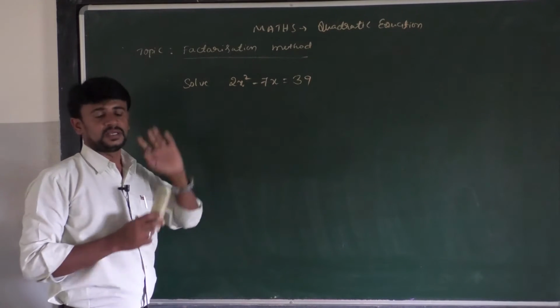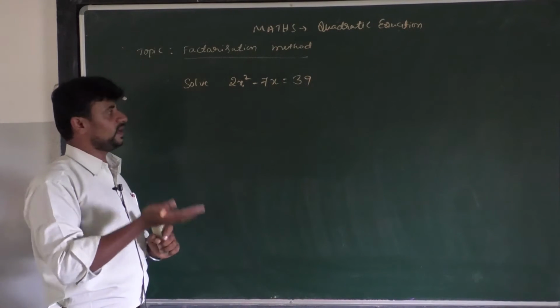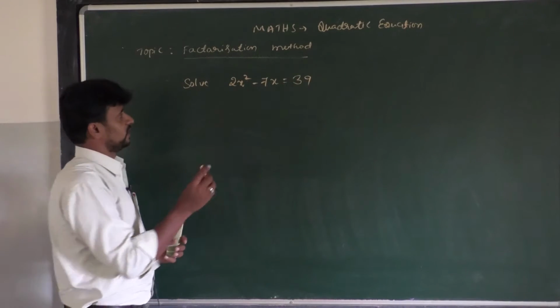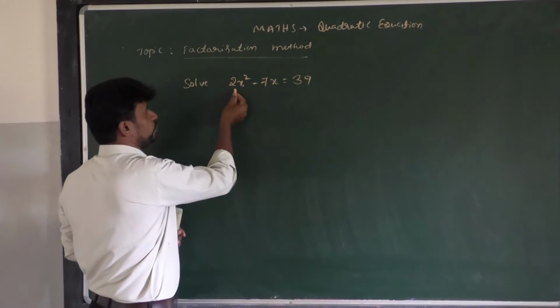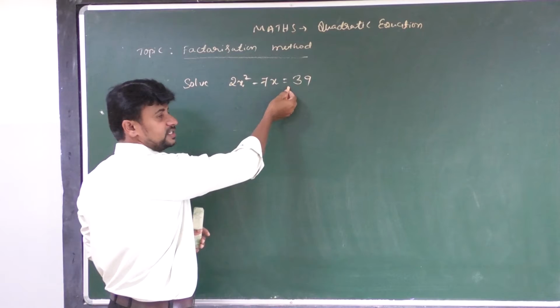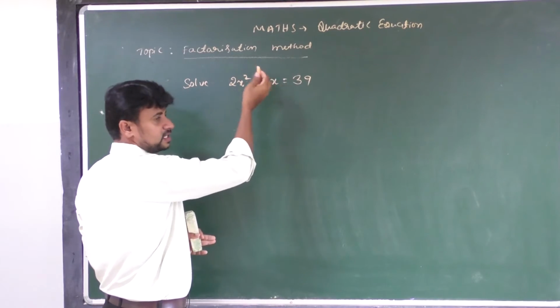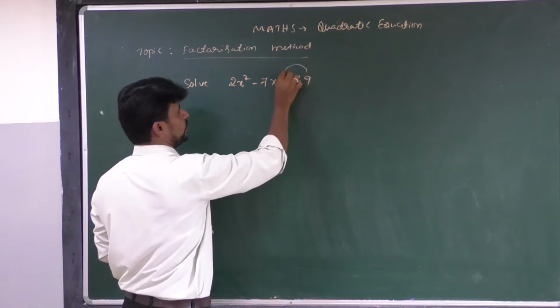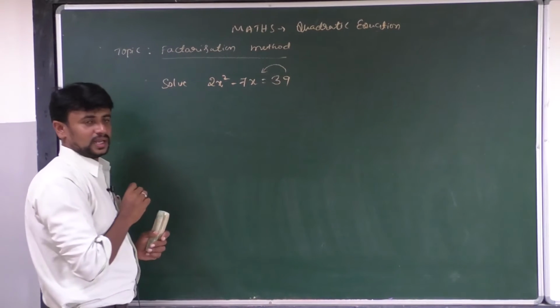So, first step is you have to convert the given equation into the quadratic equation. How can you convert that? In LHS we can see 2x square minus 7x, but in RHS we can see 39. You have to take this 39 to the left side.